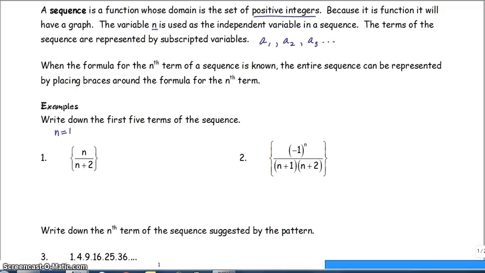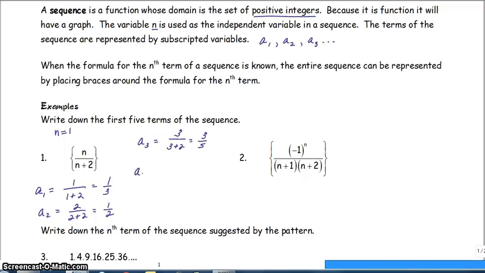So for problem 1, a sub 1 will equal 1 over 1 plus 2, or 1/3. And a sub 2 is 2 over 2 plus 2, which is 2/4, or 1/2. For a sub 3, we would have 3 over 3 plus 2, which would be 3/5.